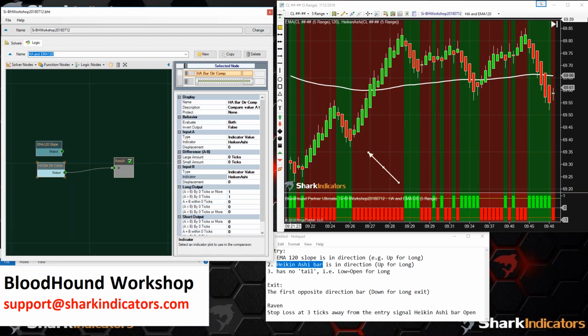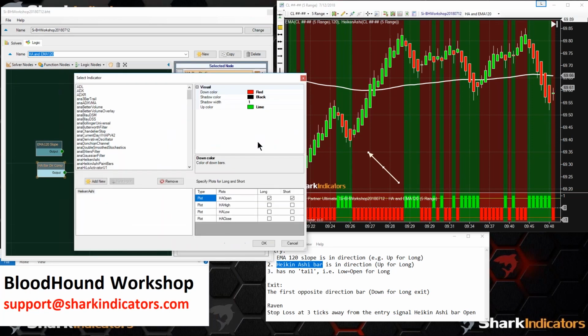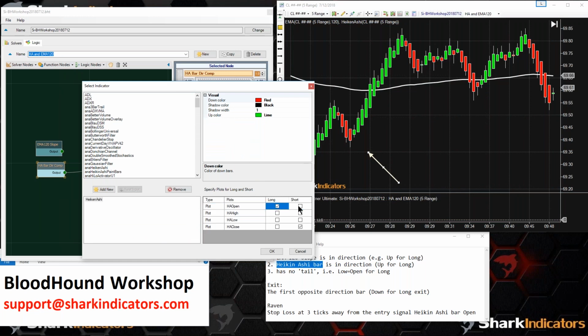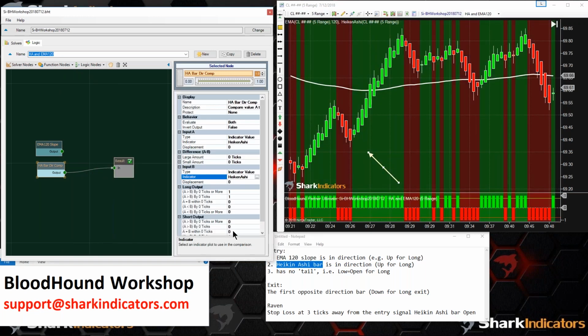Either way it'll work in this case, and I'm just simply going to reverse the indicator settings here. So I'll choose the close first, and then come down here to input B and choose the open there.